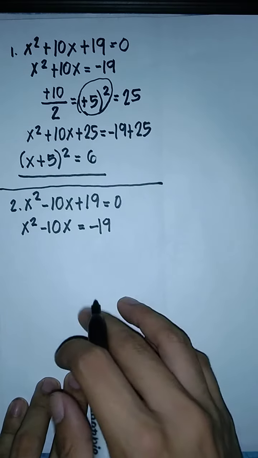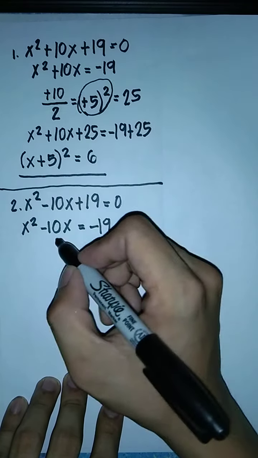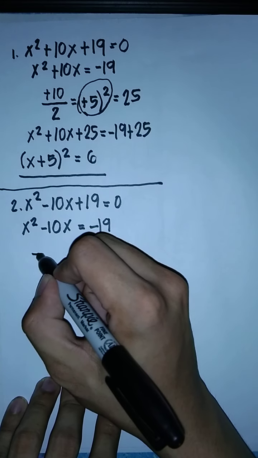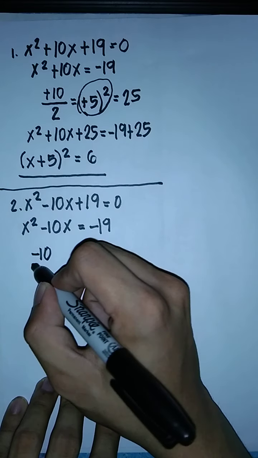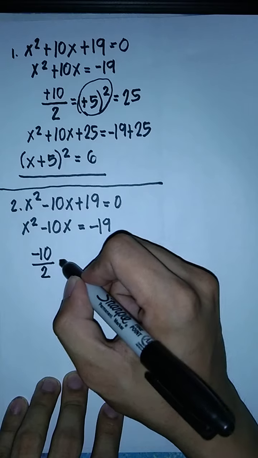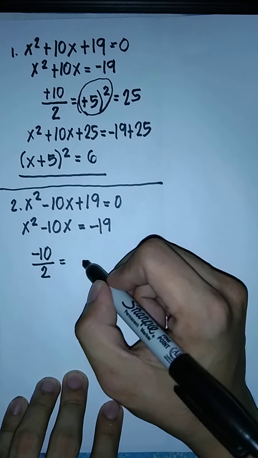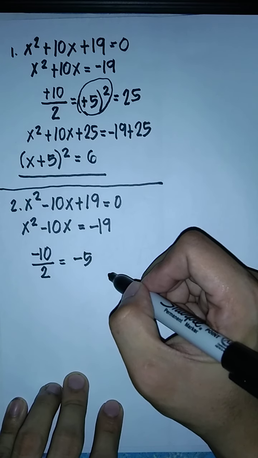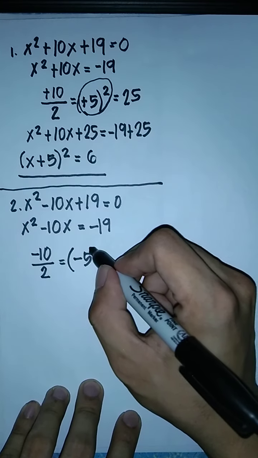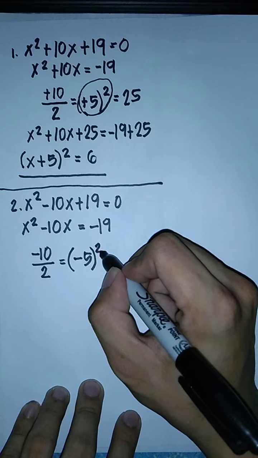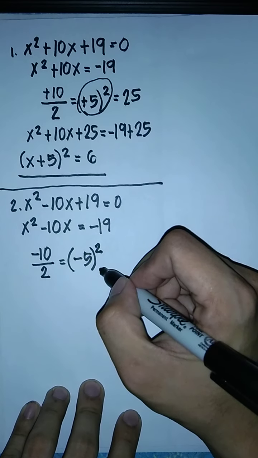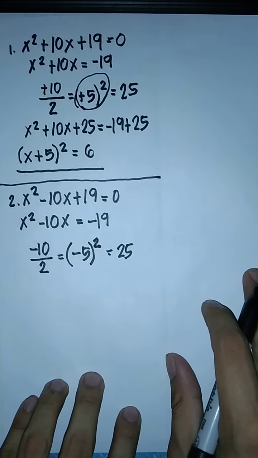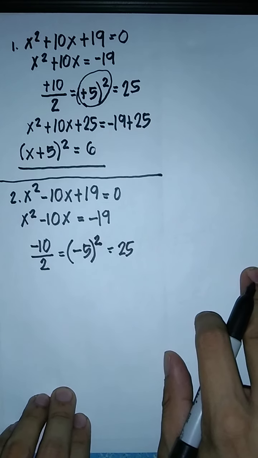And then we will extract yung ating second term. Yung second term natin, kasama ulit yung sign, is negative 10. We will divide it by 2. So negative 10 divided by 2, we have negative 5. Okay. And then we enclose it with the parenthesis, then square it. So negative 5 squared, we will have positive 25. Okay.